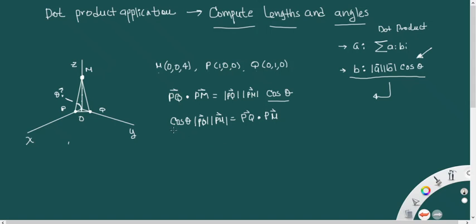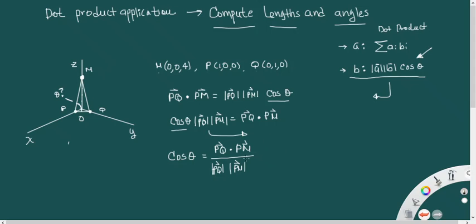So if we isolate the cosine, we can move this as a denominator, and we can come up with this: the cosine of theta equals the dot product of vectors PQ, PM divided by the product of their lengths, which is the modulus of PQ times the modulus of PM.